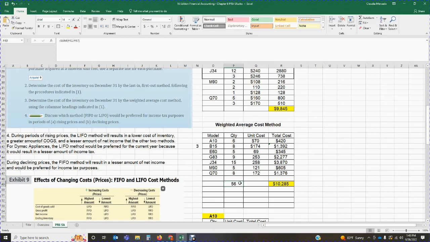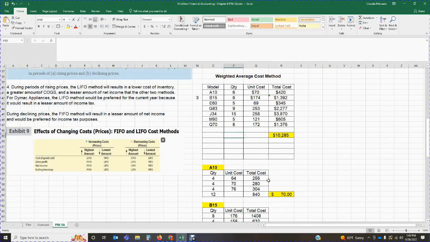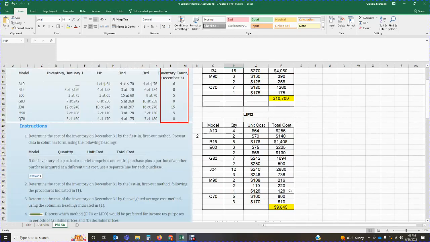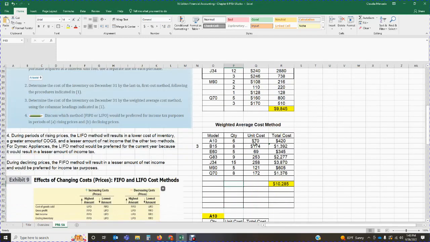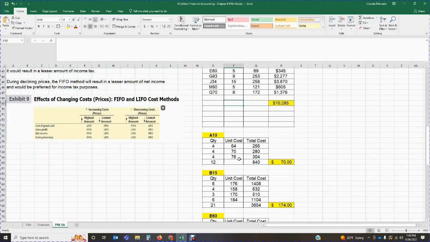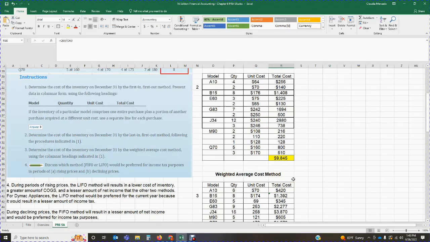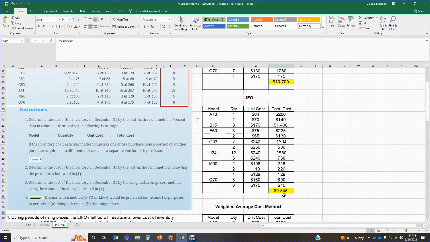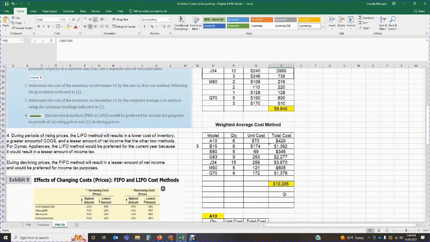Now for the weighted average cost method, we had to calculate the weighted average cost per model, okay, per model. So once we got the average cost per model, then we can just multiply that number times the units that we had as of December the 31st to come up with our inventory pricing.